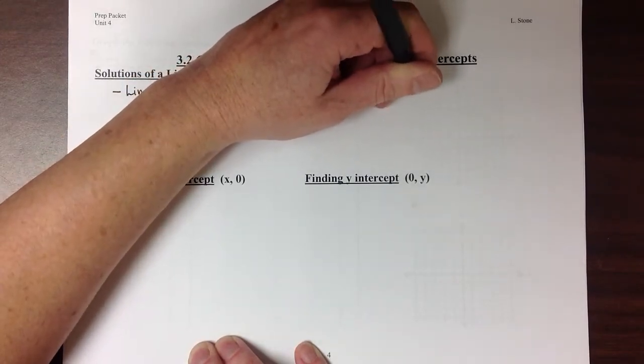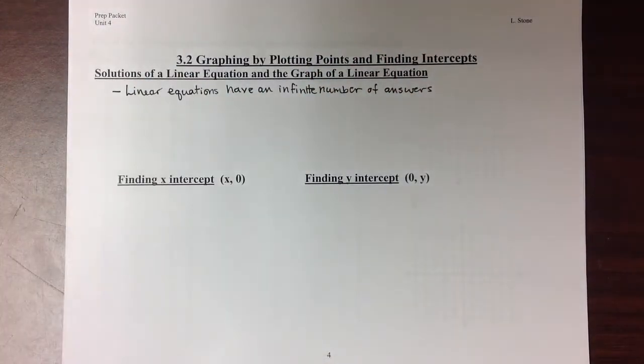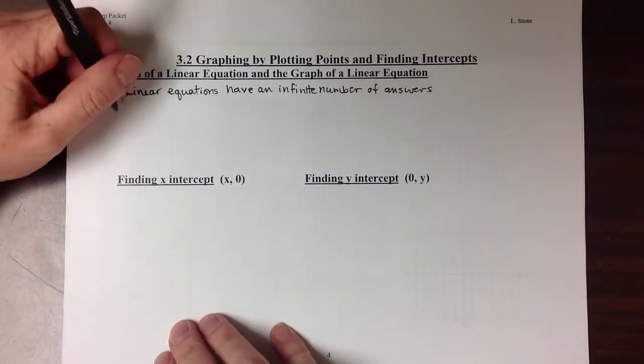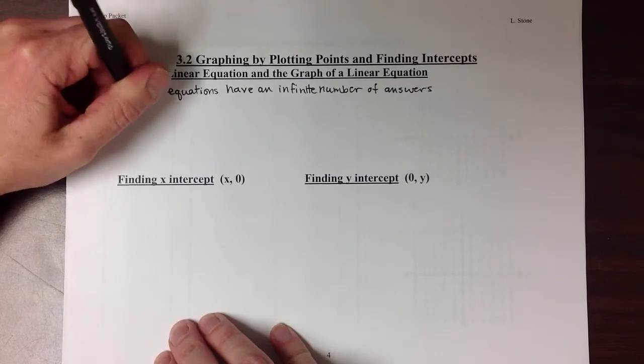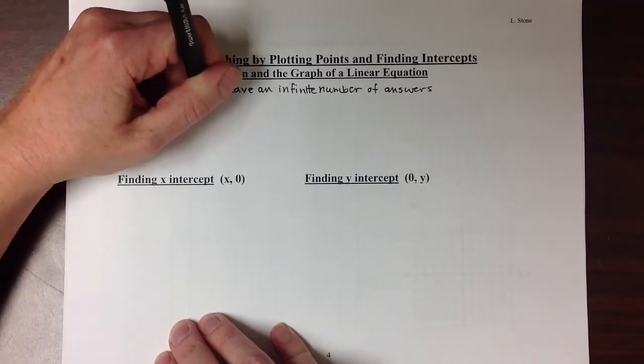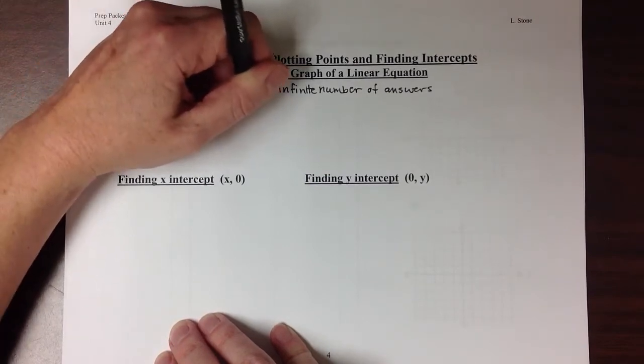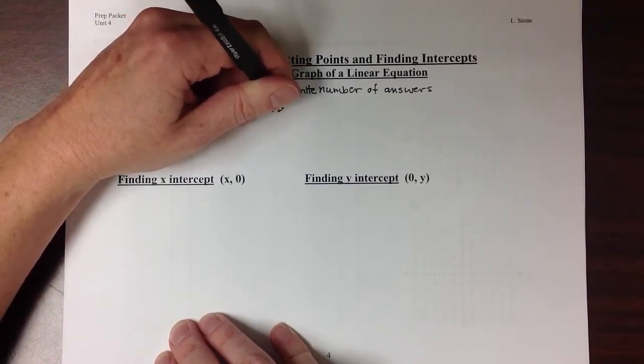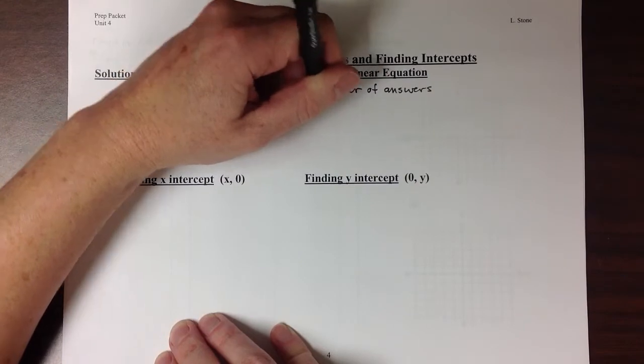As long as you keep sticking in a new value for x, you'll continue to get a new value for y. Okay? So all of these answers can be expressed as an ordered pair.